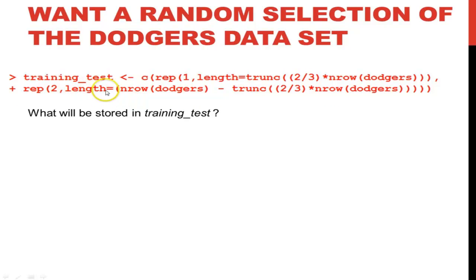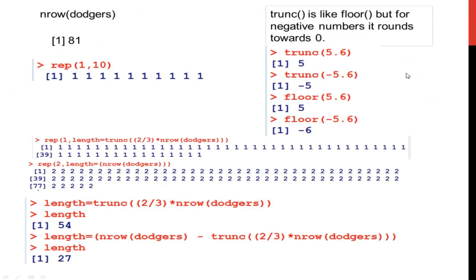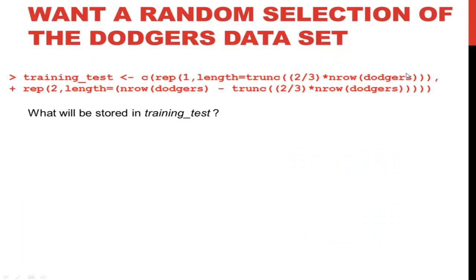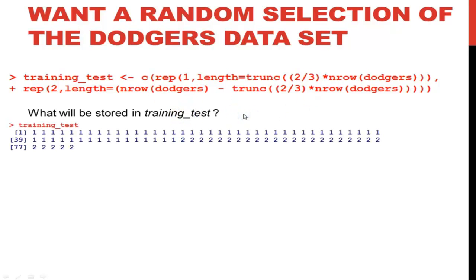How many 2's? We did this one. Length is what? 27, it was 27. So what are we going to get when we do this? 54 1's and 27 2's following it. Everyone agree with that? Okay, what will be stored in the training set? We just said that. This. Everyone agree with that? Okay.